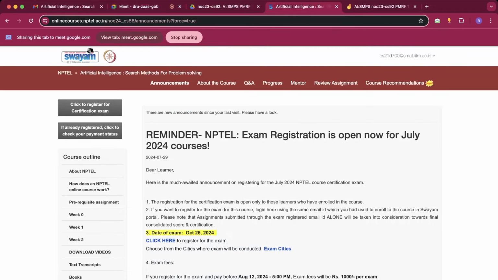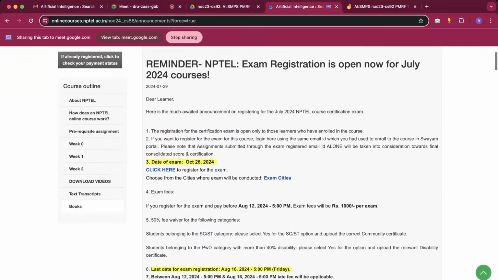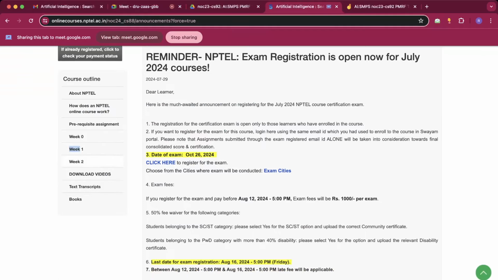This is the home page of the Swayam portal that you might see when you log in and go to the courses. Here you have different things: week 0, week 1 and week 2. Over here, the NPTEL team will be adding another section called problem solving sessions, below books.